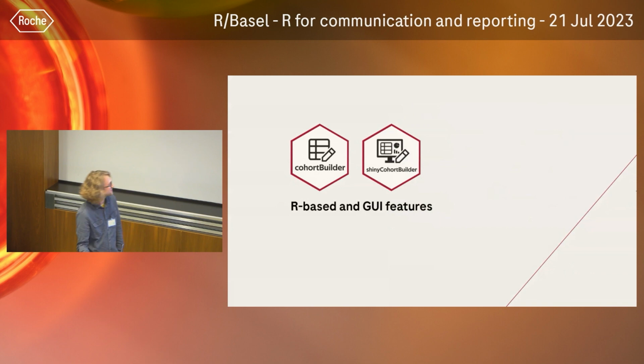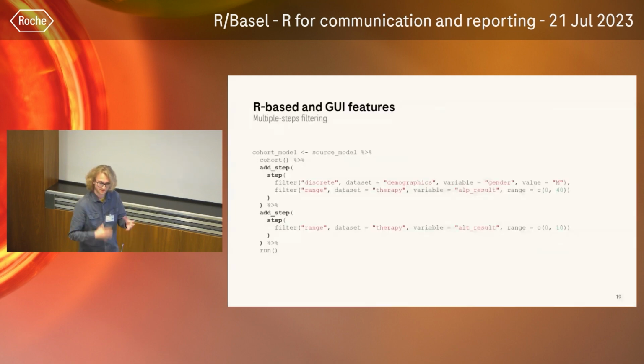And then once more, there are some R-based features of the cohortBuilder that are also reflected in the GUI. I'm gonna show it now. One of the important assumptions was to allow the user to work with multiple filtering steps. So if you want to have multiple steps, just wrap the bunch of filters into the step function, and it does the job.